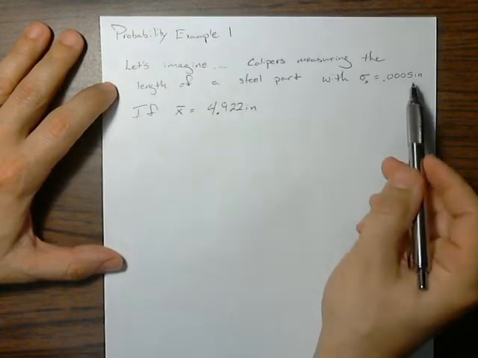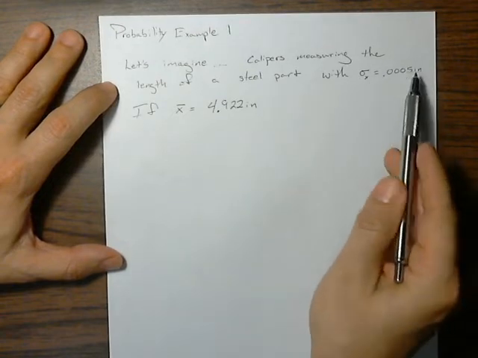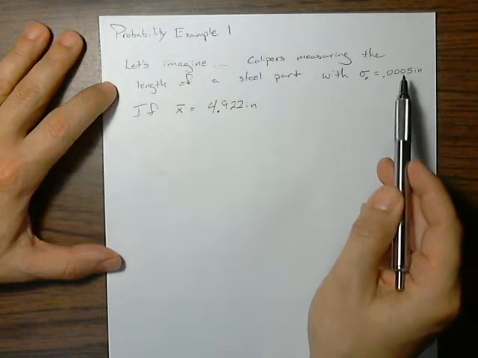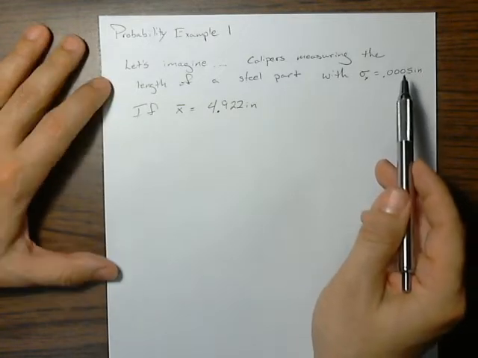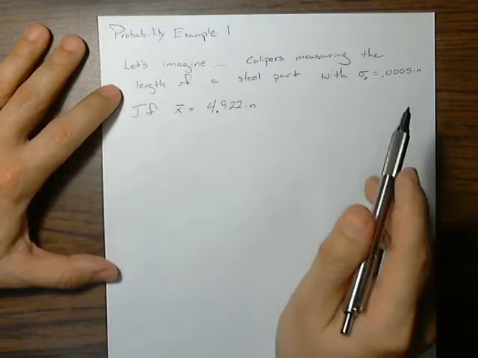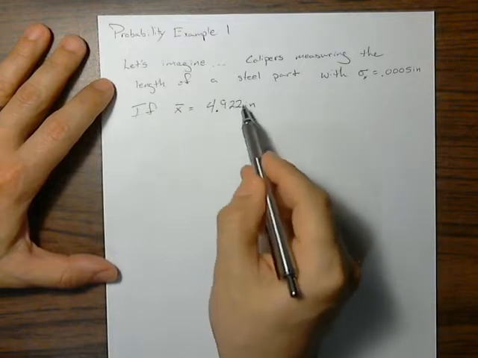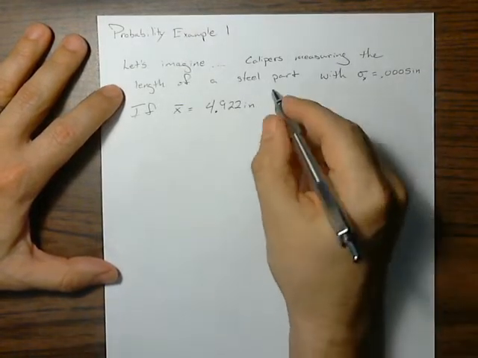The better the calipers are, the narrower this will be. The cheaper the calipers are, the wider this will be. Cheap calipers will not give you anything this good. Cheap calipers, if you get a thousandths of precision, you're doing pretty well. Cheap calipers typically will be good to 1 or 2 places, even though they report 3 decimal places. That doesn't mean you can trust them to 3 decimal places.